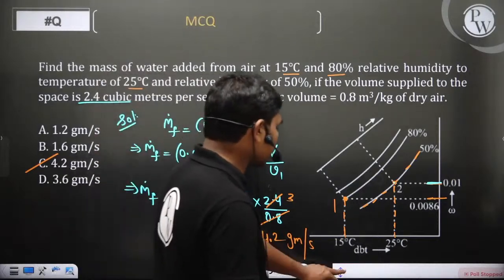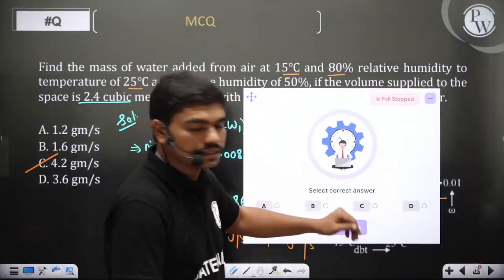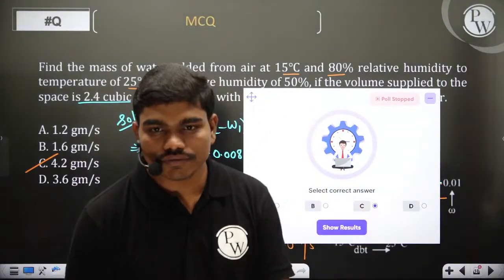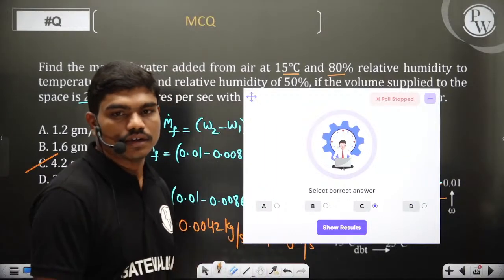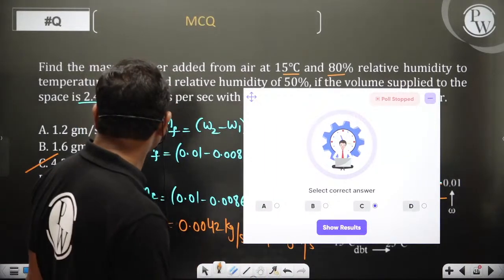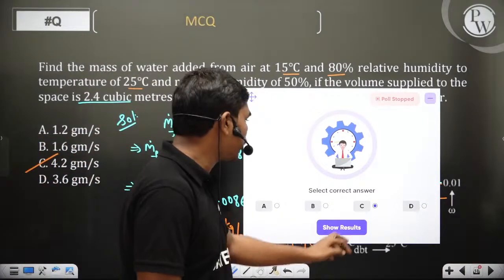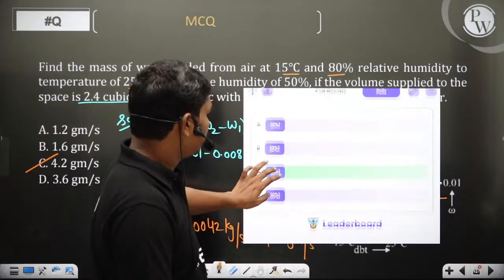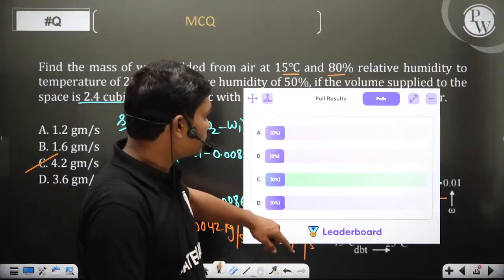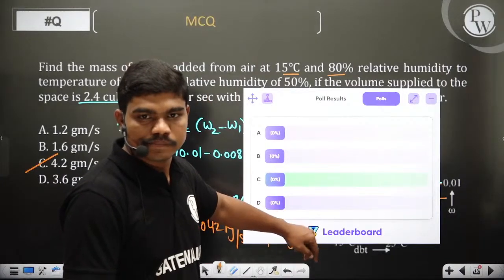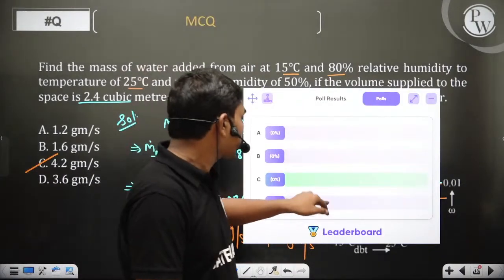So C is the correct answer. Sorry, I forgot to divide by 0.8. If you don't divide by that 0.8, then your value will be much lower, something like 1.6, I guess. Anyway, C is the correct answer. Why? Did the poll not work? Poll is not working. Okay, let's see.